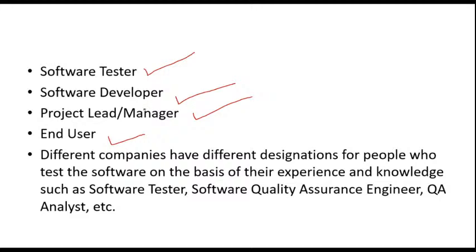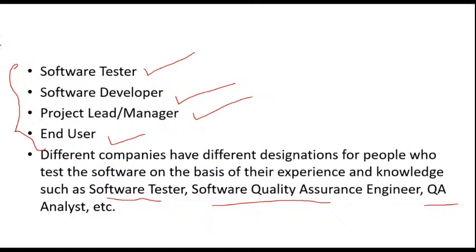Different companies have different designations for the people who test the software on the basis of their experience and knowledge, like software tester, software quality assurance engineer or quality assurance analyst. These are the different designations, but these are the stakeholders who will do the testing.